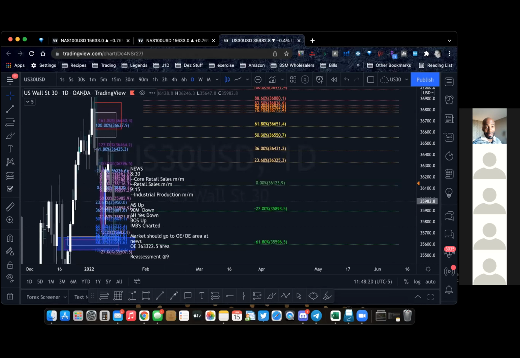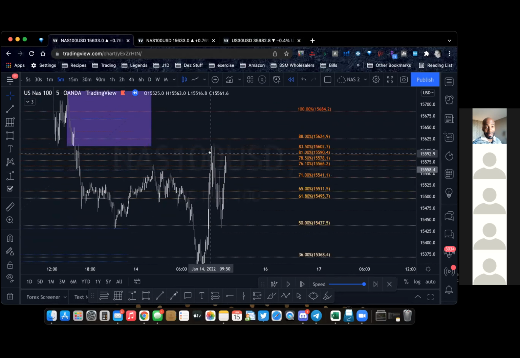Let me move this out of the way. Like it did yesterday. I had my order. Well, not an order, actually, I was waiting for it to come in here. So I had my alert set. So when it came into this area, I could see what was going on the 5 minute and 1 minute. Then I was able to enter and say, okay, fine.